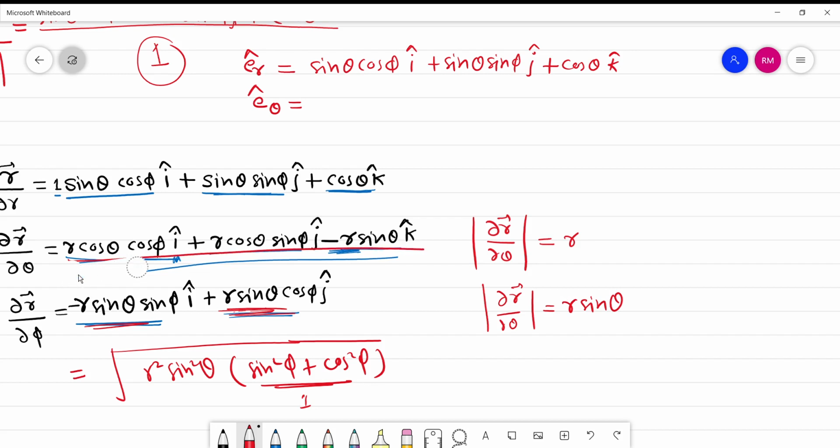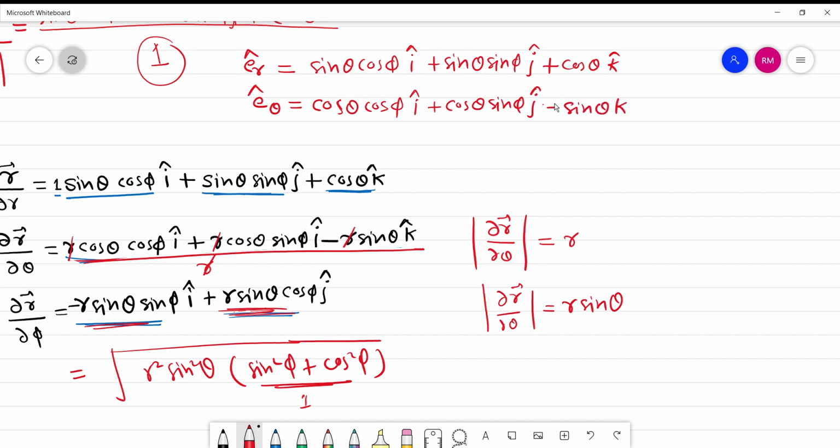If you divide this quantity by r, then you can see r goes with this r, so it will be cos of theta cos of phi i cap plus the second term cos of theta sine of phi j cap, and then there is a minus sign, so minus sine of theta k cap.